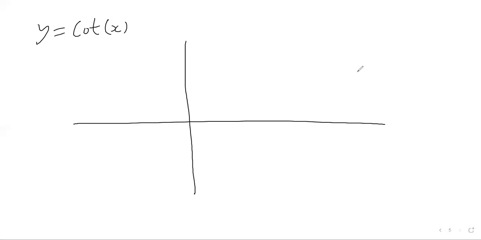If we just think about what the cot function looks like, we'll start with y equals cot of x. It looks something like this. We've got the x-axis there, the y-axis there.